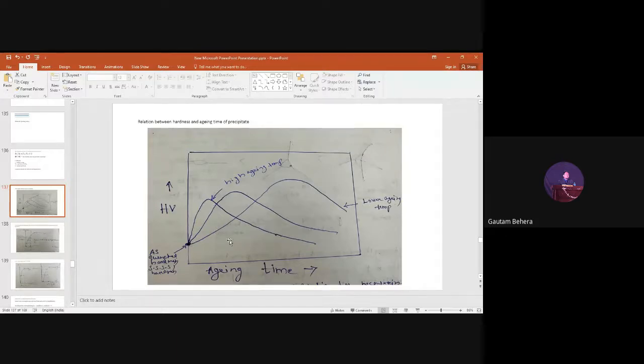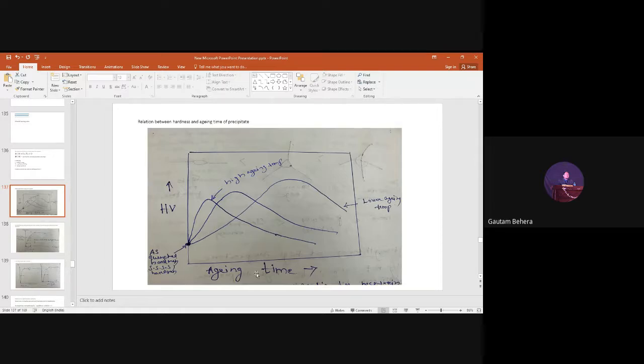But if you maintain a very low temperature during aging, you can get a maximum hardness, but the time requirement is more. If you keep a high temperature during aging, you will reach a maximum value quickly, but the strength or hardness will not be so high.